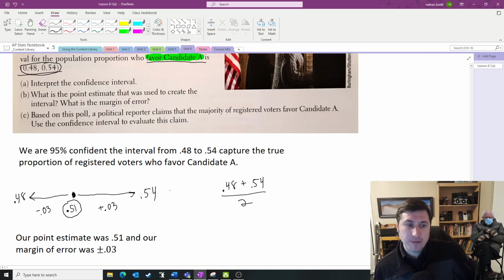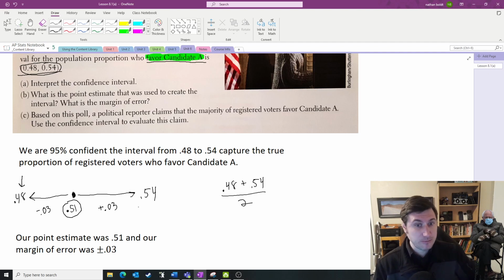But remember, a confidence interval describes the plausible values of the true proportion. And because this plausible range goes below 50%, 50% is a plausible value. So it could be 50-50.